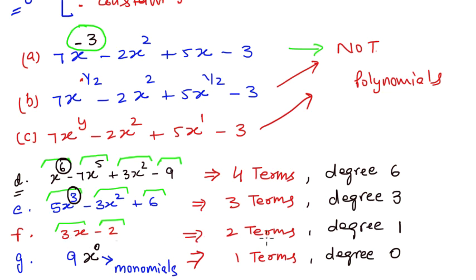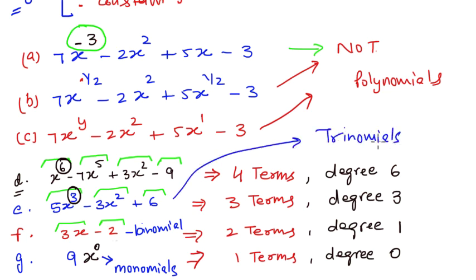A polynomial with 2 terms is called a binomial, right? A polynomial with 3 terms is called a trinomial. And a polynomial with more than 3 terms such as 4 or 5 or 6 is simply called a polynomial just by itself. Only thing is that up to 3 terms, we have a unique name assigned: monomial, binomial, or trinomial, okay?